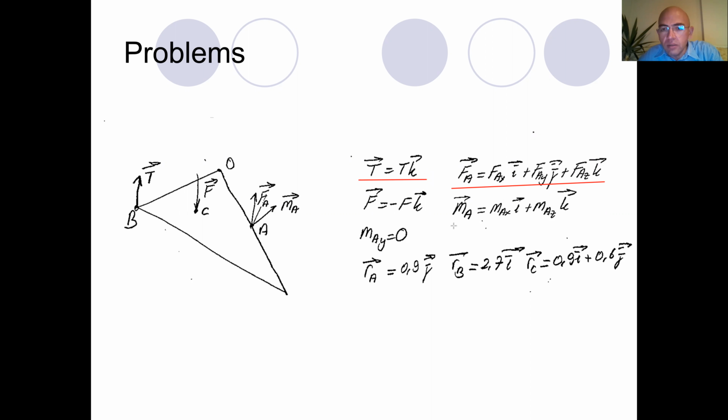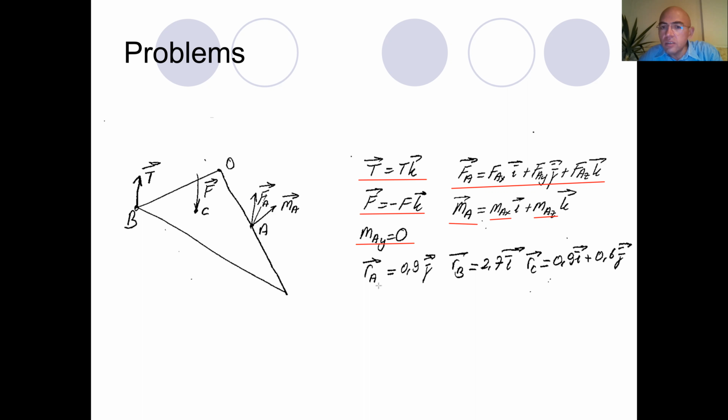Now, for the moment at point A or at the hinge A, I have Ma. So I have X component Max and Maz. Certainly, the Y component of the reaction moment at the hinge is 0 because it can rotate around Y at point A. Now, since F is given, the direction of the F is given, it is in the negative Z direction, so it is minus Fk vector.